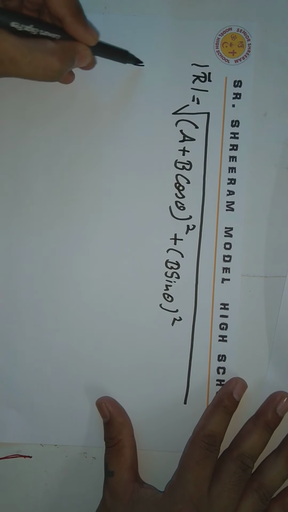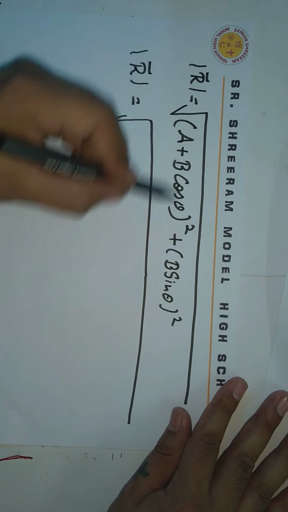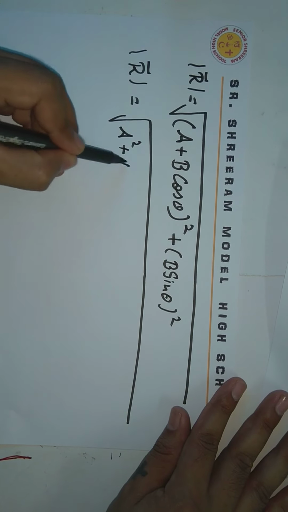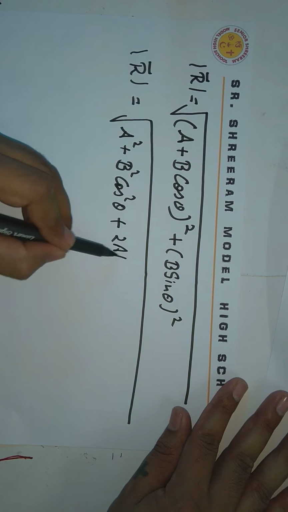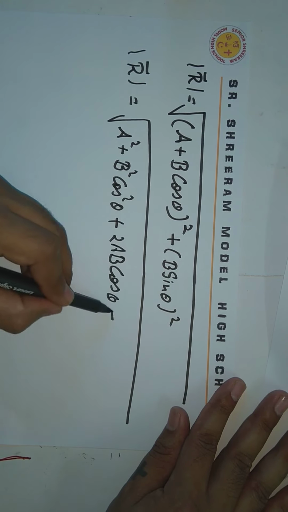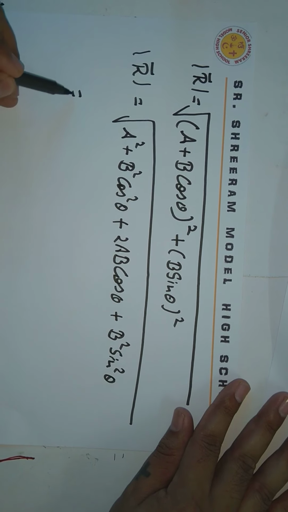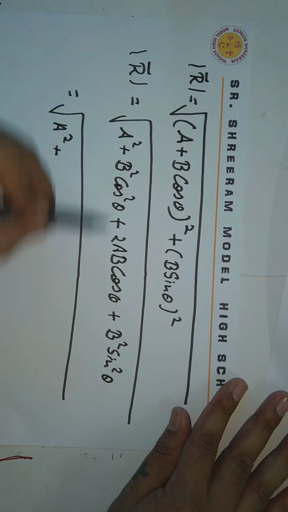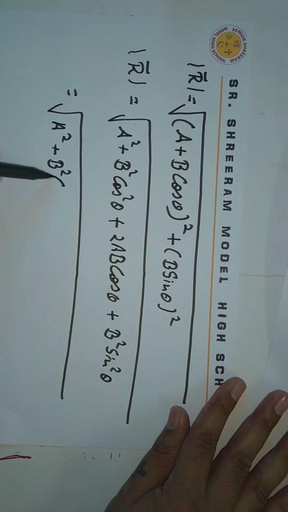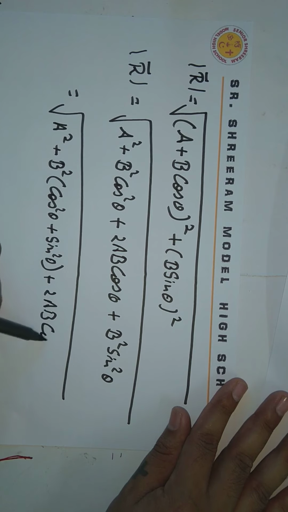We open the square: A square plus B square cos square theta plus 2AB cos theta plus B square sin square theta. B square is common in both of them, so it becomes A square plus B square times cos square theta plus sin square theta plus 2AB cos theta.